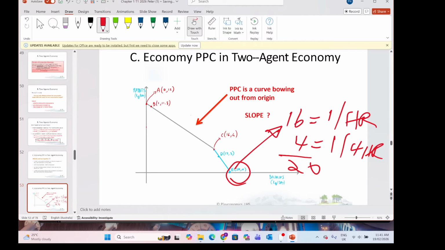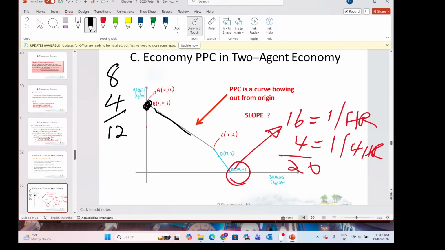However, that would involve making no rabbits. Remember, how many rabbits could they make in a day? Alberto could make 8 rabbits because that takes 2 hours, and Leo could make 4 rabbits. That gave a total of 12, and there is our 12 marked on the line.